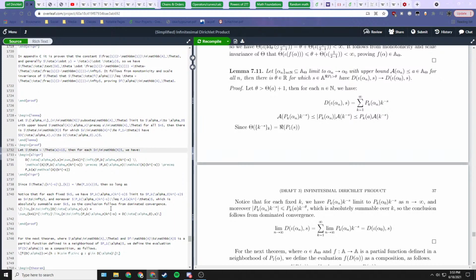And then we can also say, and take, restrict. Oh yeah, actually that's fine. Is one of this, which is strictly greater than theta, which is strictly greater than theta alpha plus 1.